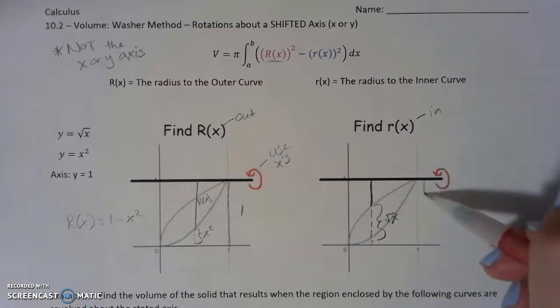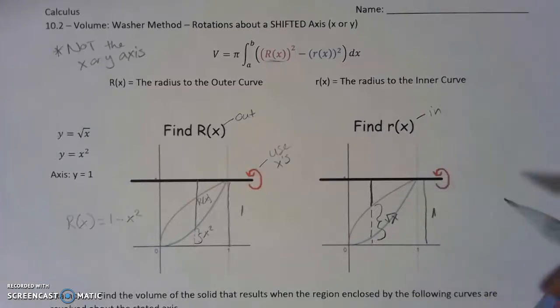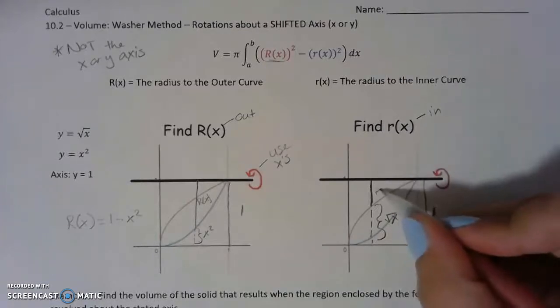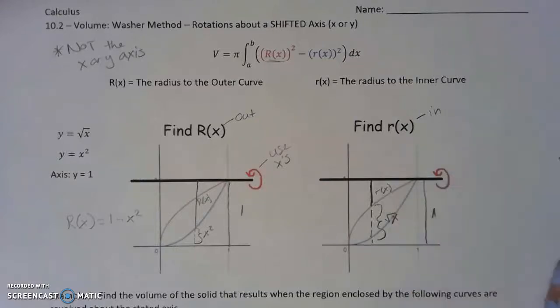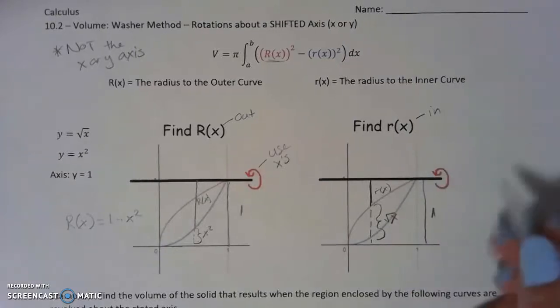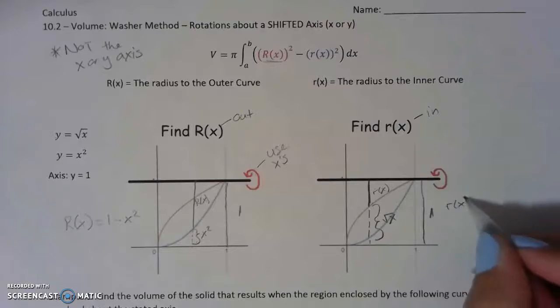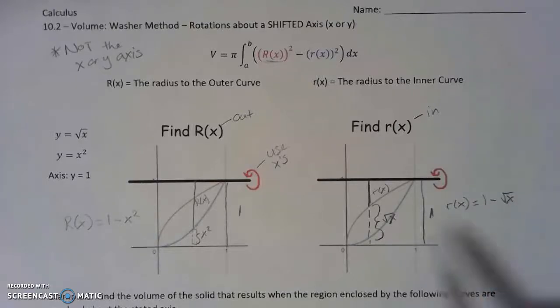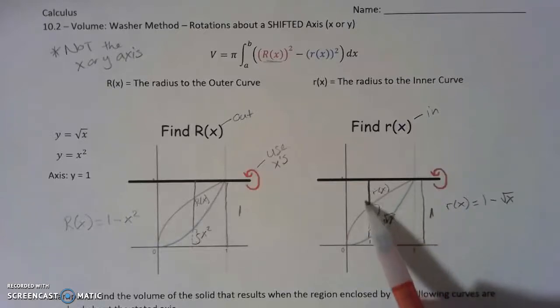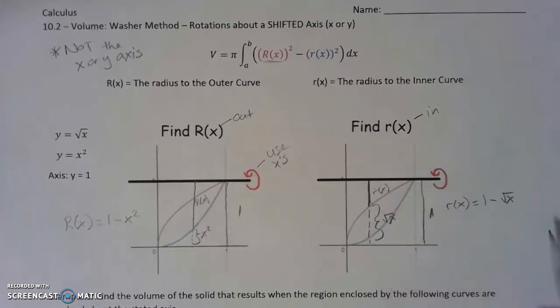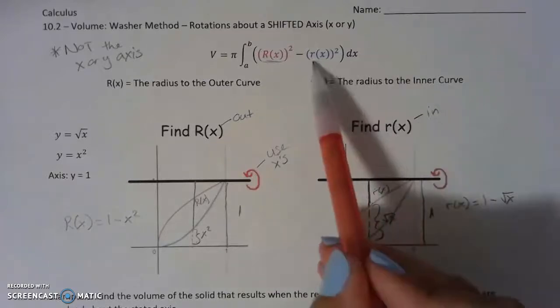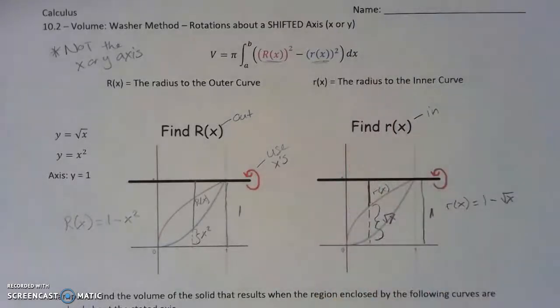Again, if we know that this total height is 1, I can find little r of x, the radius to the inside curve, by doing 1 minus the square root of x. So we're taking this whole thing, subtracting out this piece, and that gives us this distance. That is the piece we would plug in here and square it. So that's the difference: finding these two pieces.